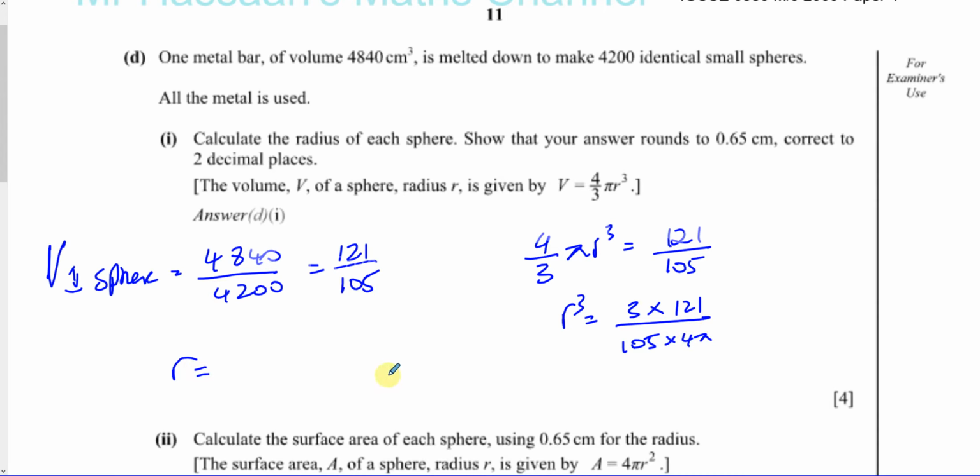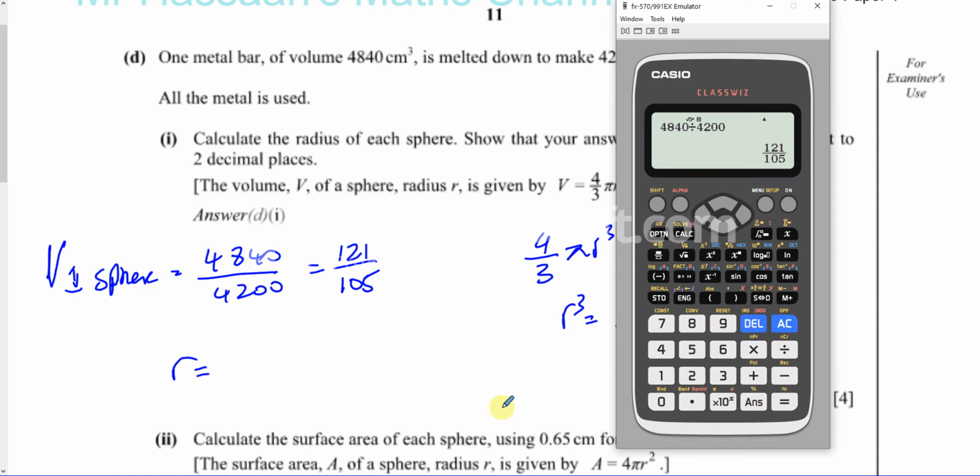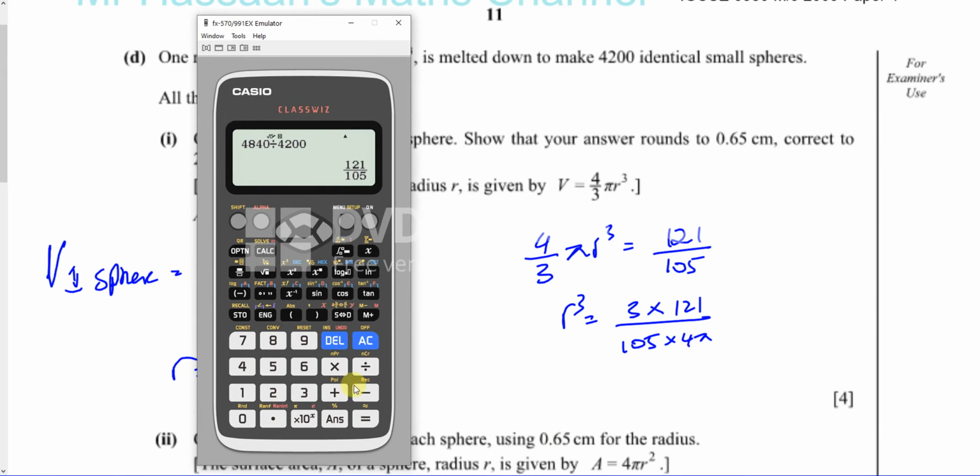Okay, it's basically 121 over 105 times 3 over 4 pi. That gives you 0.275. Okay, and you find the cube root of that.